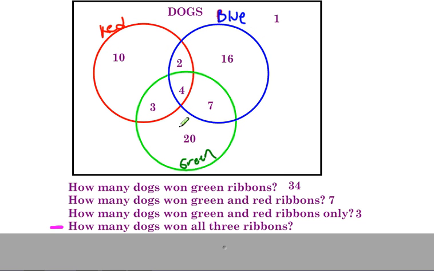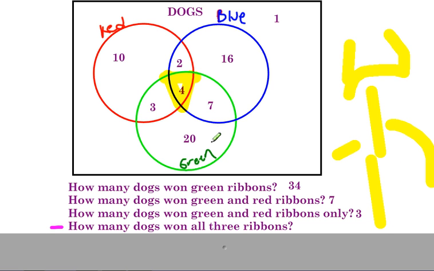Do you see that all three colors are making sort of a parentheses look? The blue here, the red here, and the green here are all making this parentheses-looking curve. So if they're all three surrounding one number, then that animal won all 3 ribbons, or 4 dogs won all 3 ribbons.